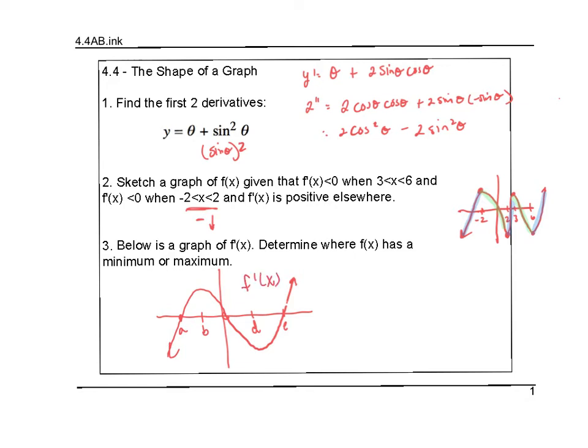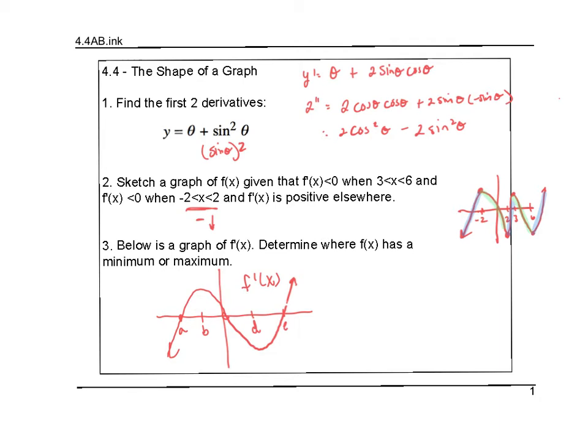Determine where f has a max or a min. All right, so if we're looking for a max or a min from the original function, we have to determine where was that graph increasing or decreasing. And that shift, that transition, is where the mins and the maxes would occur.